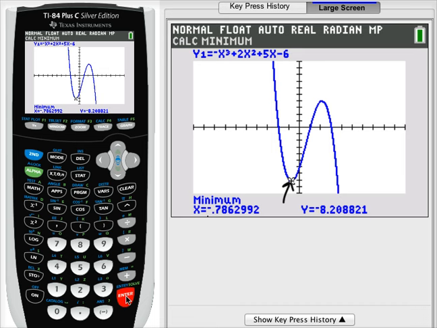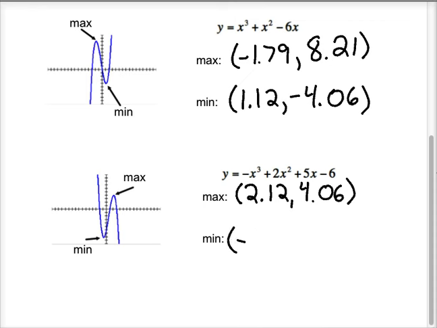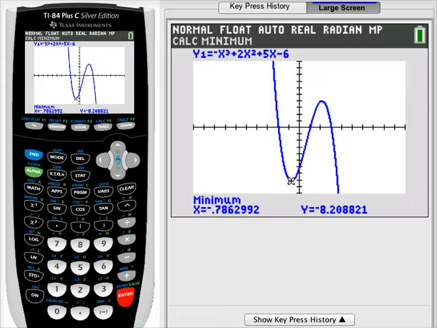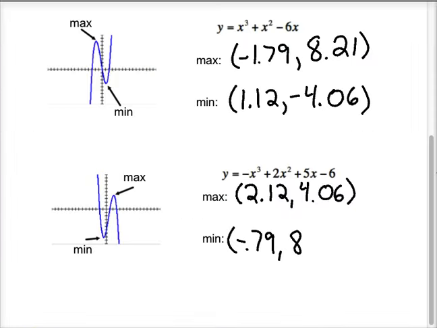So I get negative 0.79 and negative 8.21. And all you do is write the points.